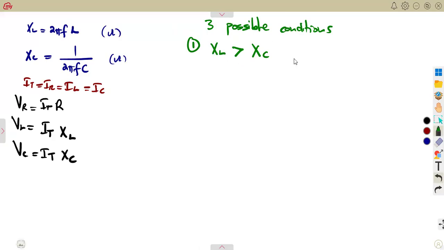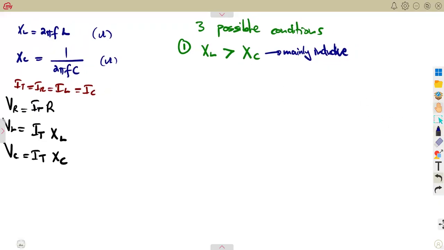So if this circuit is mainly inductive, what does it mean? Remember, in an inductive circuit, when we dealt with RL, the current was lagging the voltage, meaning the voltage was leading the current.